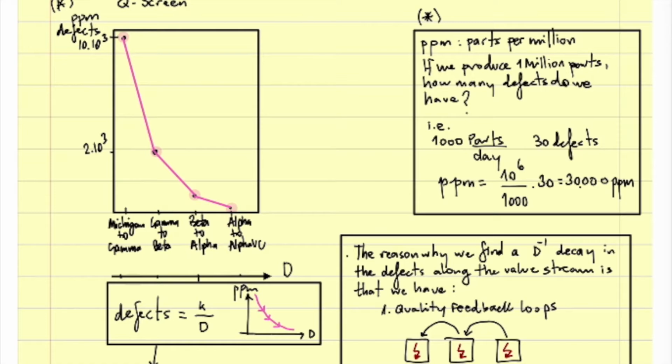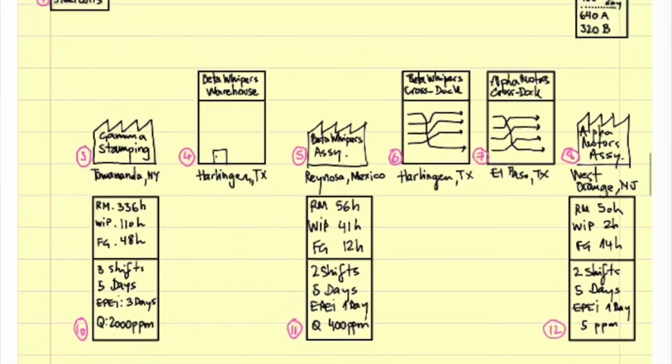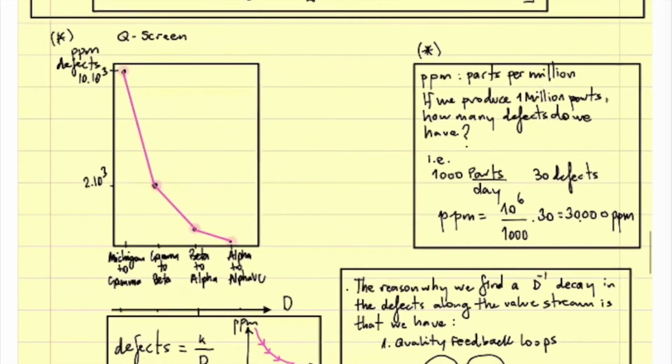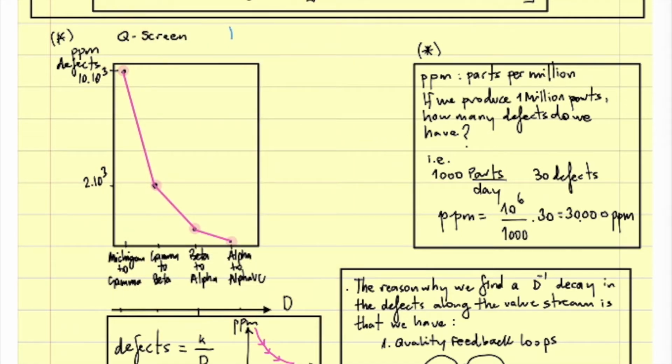So we can combine our quality screen with a so-called delivery screen, which is going to take the number of defective deliveries. It's not here in the book. This is something new. We can do that by combining that into a new axis, the delivery screen.